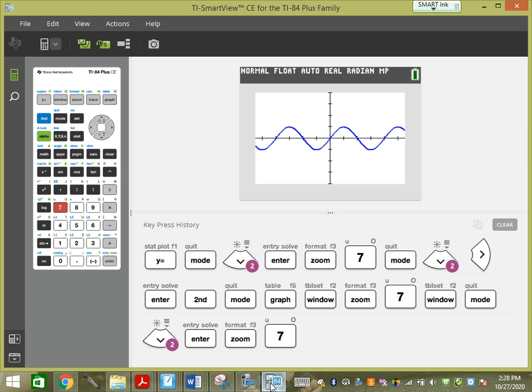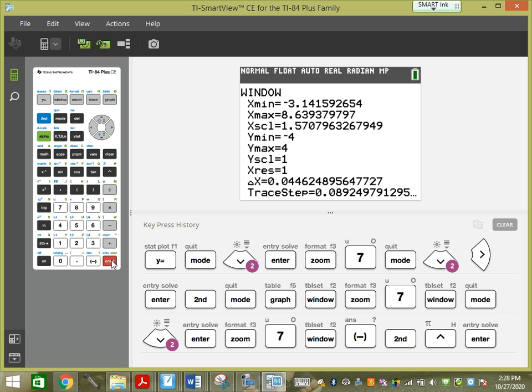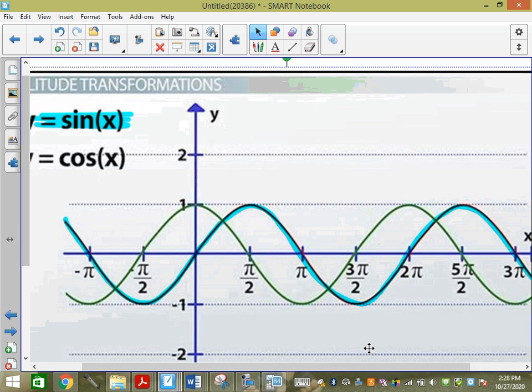So I'm going to go to my window, and I go negative pi, it's going to turn to a decimal, 3.14159, keeps going, it's fine, to 3 pi, because that was my x max. And what did it go up by? Pi over 2, right? Each tick is pi over 2.